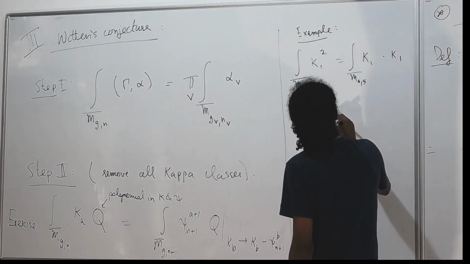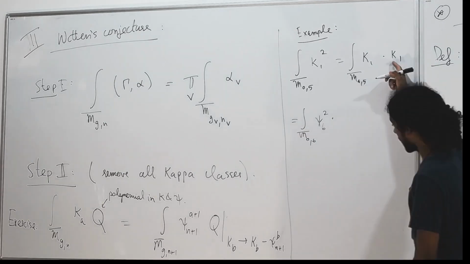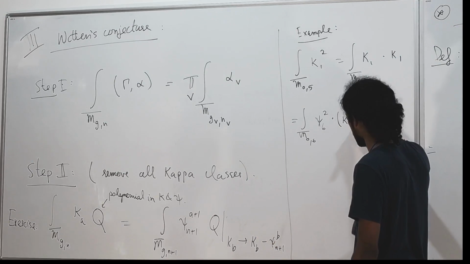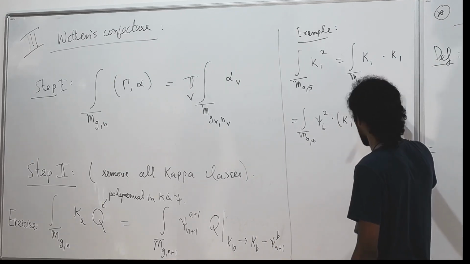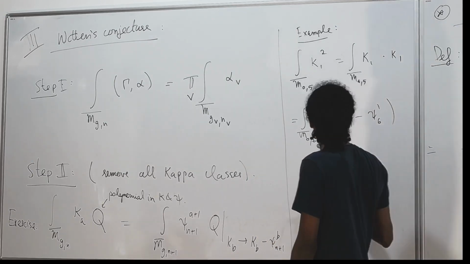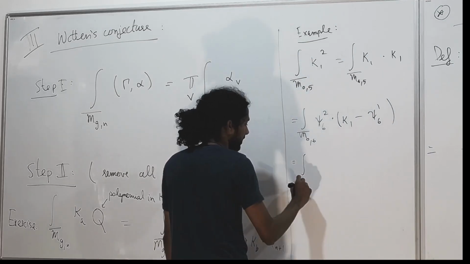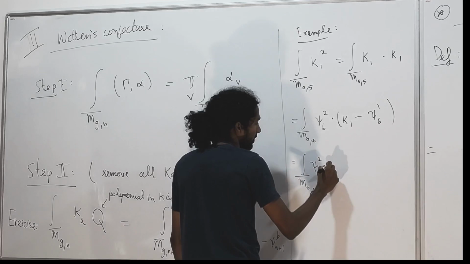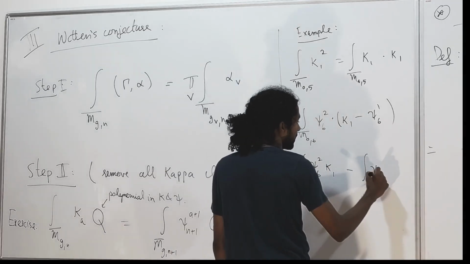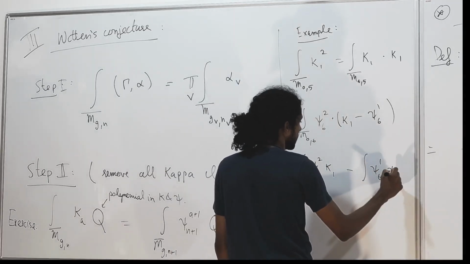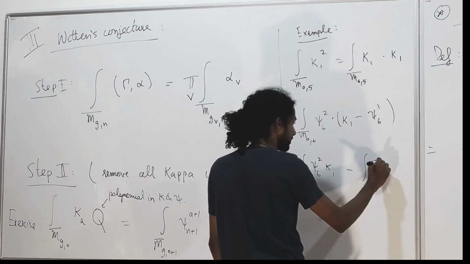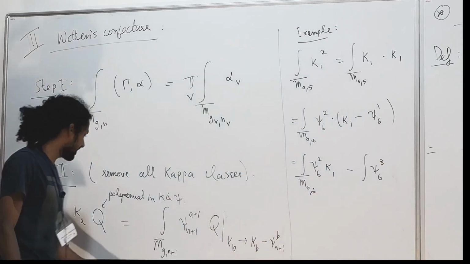Times, and I see a kappa class, right? And I'm supposed to do that. So I do kappa 1 minus psi 1, 6, cubed. Right, and I see a kappa class again, and I do the same thing.